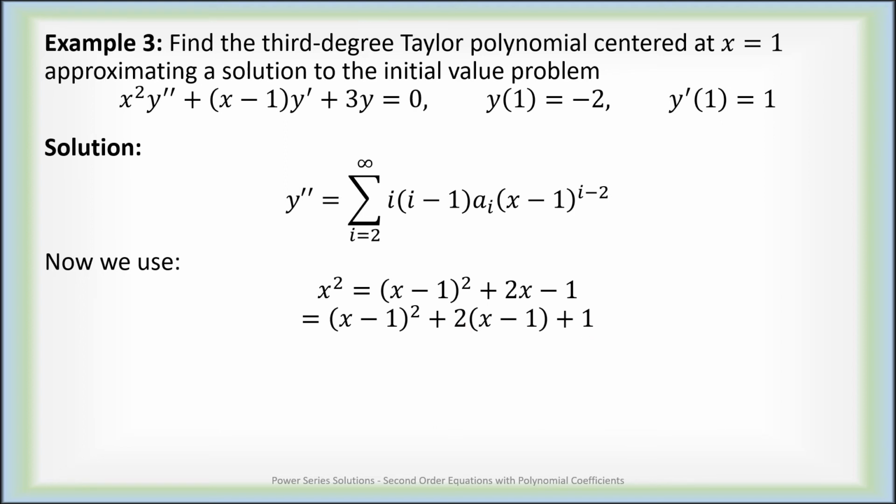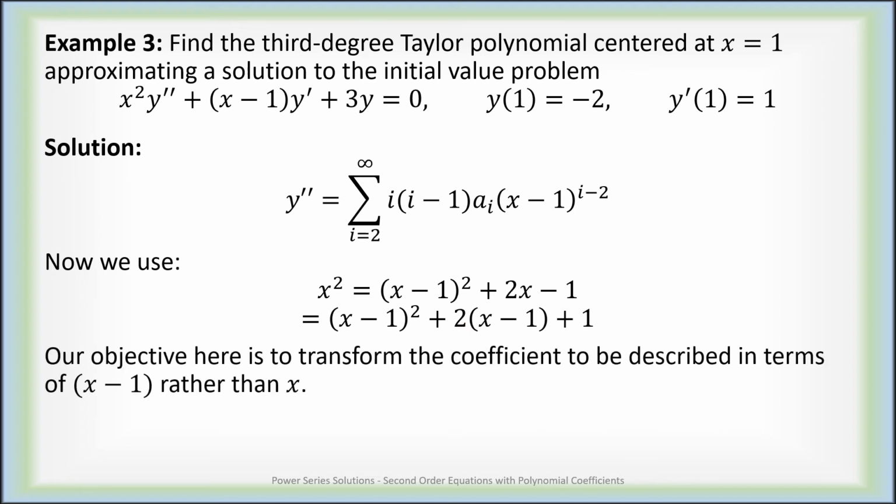Now, while that's true, why do we care? The objective here is to transform things in terms of x minus 1 rather than x. If I attempt to multiply this power series for y double prime by the coefficient x squared, I can't really do anything with that. Multiplying this by x squared doesn't help me affect this power, because here I have x minus 1 to a power.